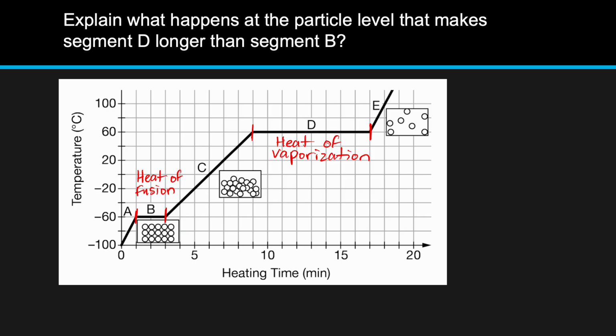Whereas with our segment B, the energy that is required to break those intermolecular forces in that fixed solid structure is going to be a lot less because there are fewer attractions that need to be disrupted.